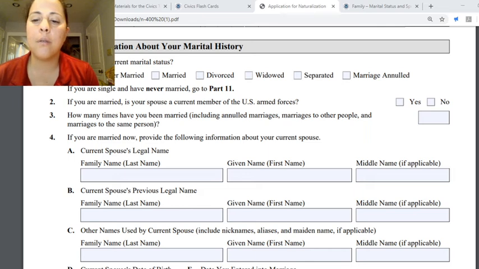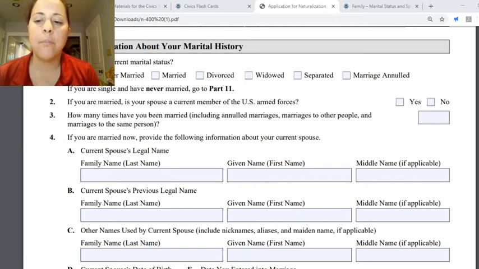Current spouse legal name, family name, last name, Tanaka, T-A-N-A-K-A. First name, Koji, K-O-J-I. Middle name, we don't know, so we leave it blank. If you don't have a middle name, it's okay.